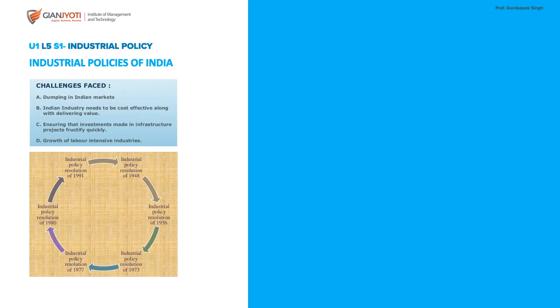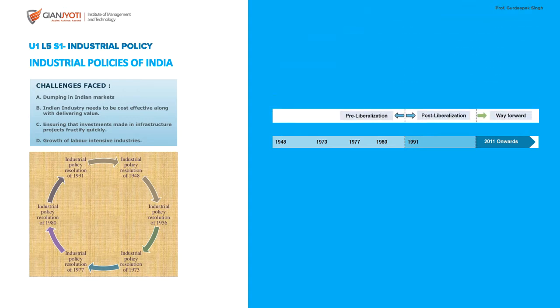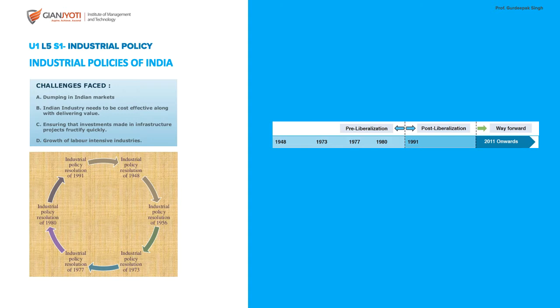Now let us go into the details of these policies. What was the objective with which these policies were framed, and how have we changed direction from independence till today? We can divide the whole time from 1948 till now into three eras.